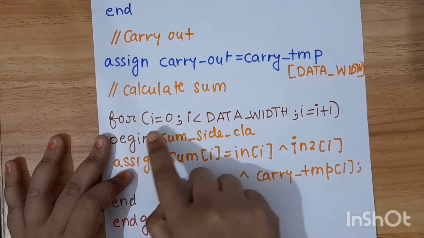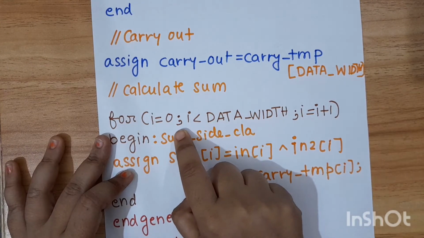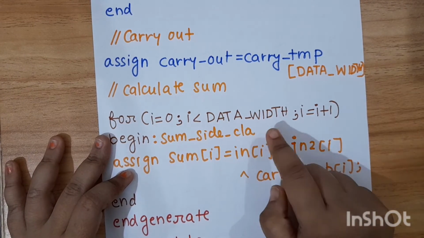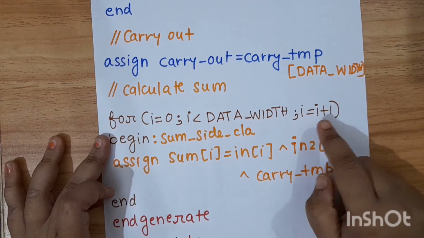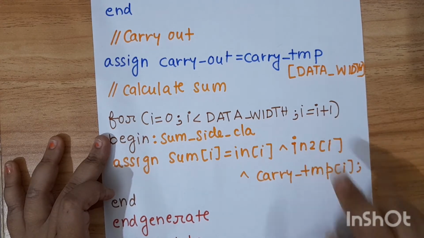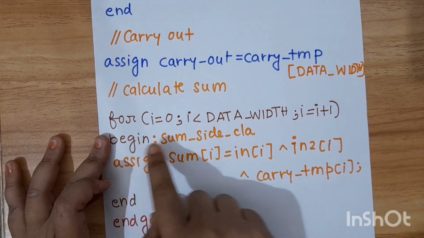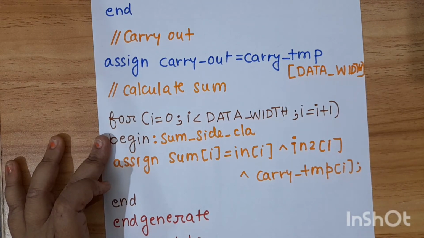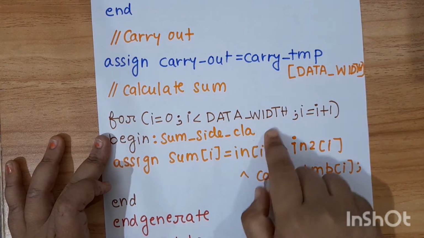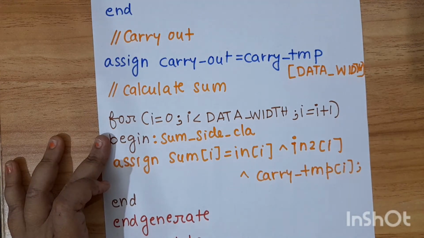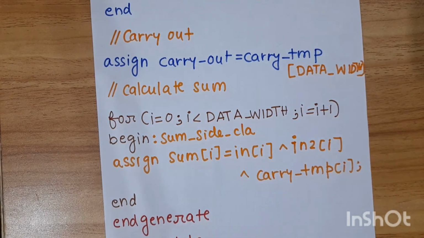So for i is equal to 0; i less than data_width; i is equal to i plus 1, and the bracket close. Begin end is also here, and for this begin I am using the label sum_side_CLA. This is the label of this particular for loop, meant for calculating the sum, that is at the output side.